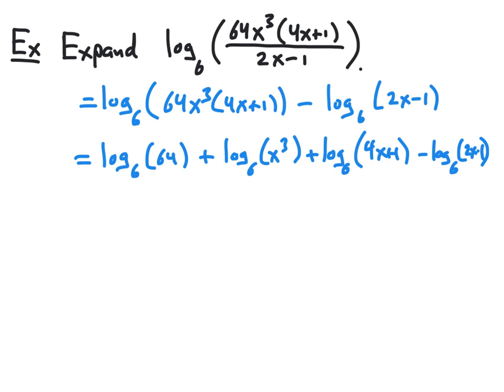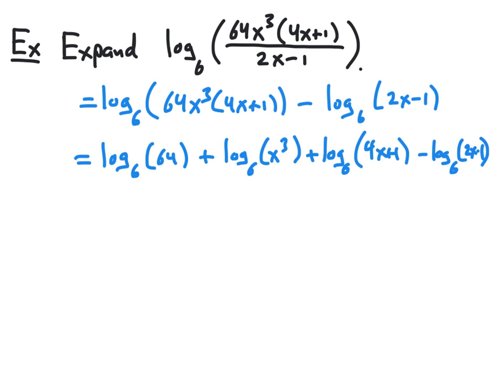The last two logarithms are as simplified as possible. So these two over here, these are as simplified as we can get because there is no rule for the log of a sum or a difference. But the first two can be simplified slightly.